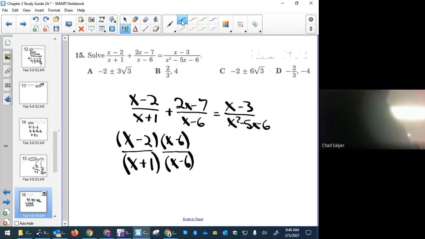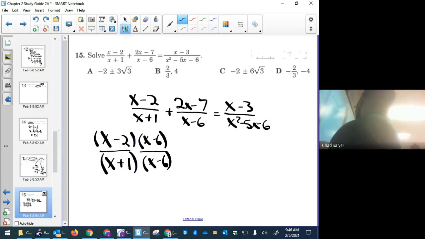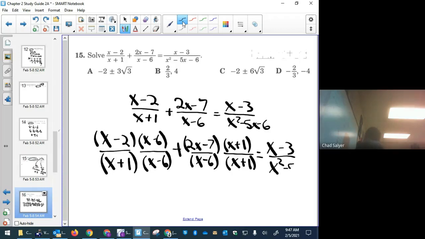So I take the leftmost term and I'm going to multiply the top and bottom by x minus 6. The rightmost term on the left side, I'm going to multiply by x plus 1. And I needn't do anything to the right side of the equation because it's already over what will be that common denominator.